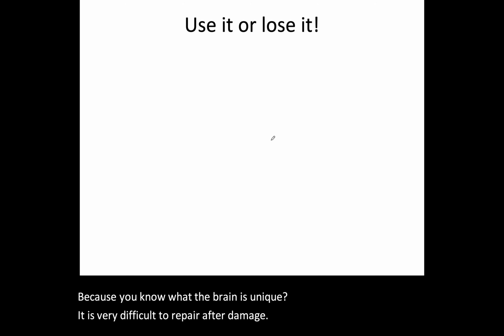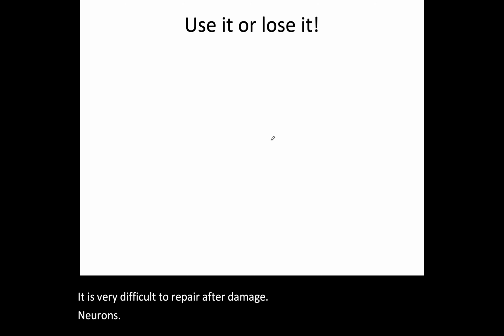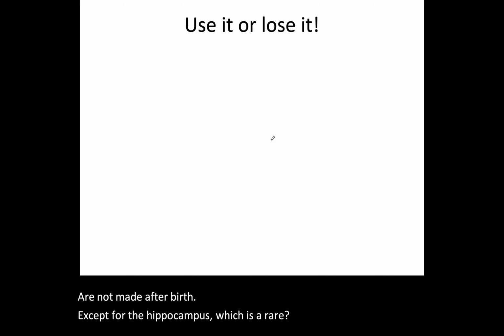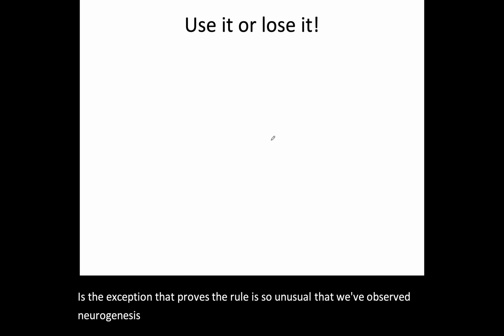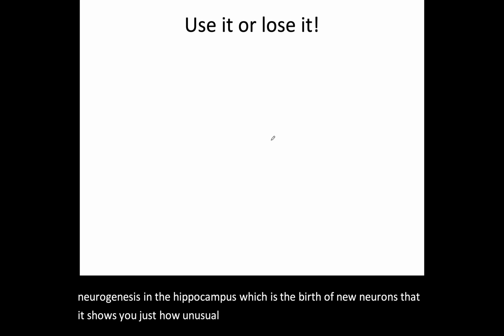Neurons are not made after birth, except for the hippocampus, which is the exception that proves the rule. It's so unusual that we've observed neurogenesis in the hippocampus, which is the birth of new neurons, that it shows you just how unusual it is, because the rule is, no, you don't make new neurons after birth.